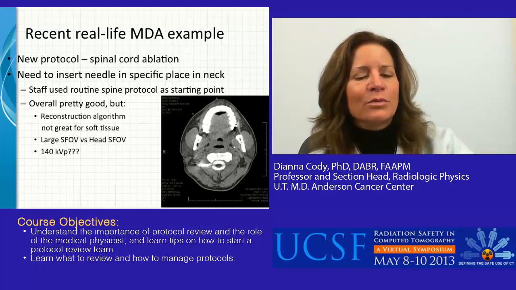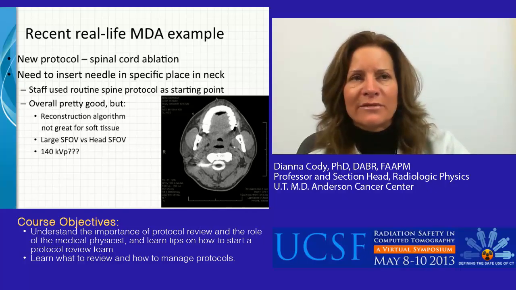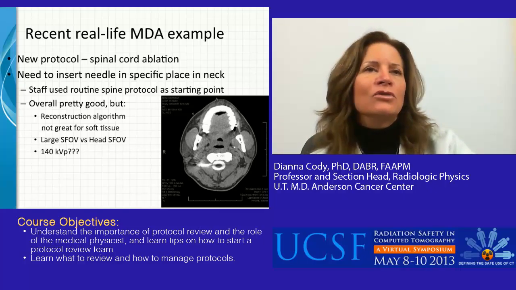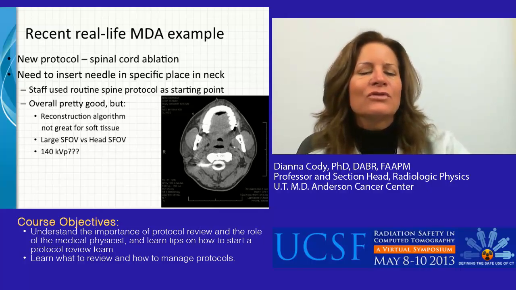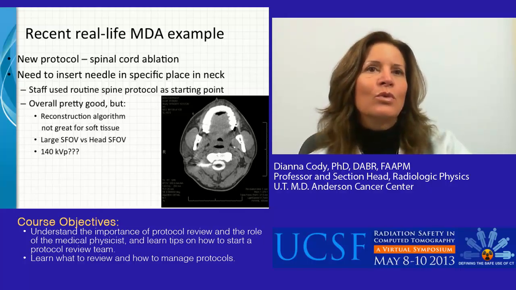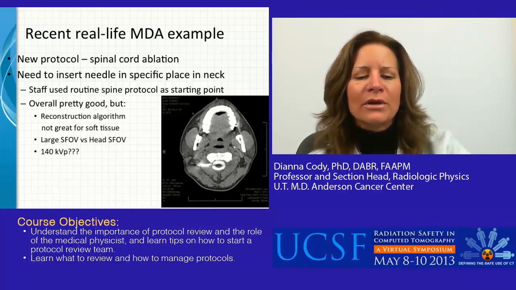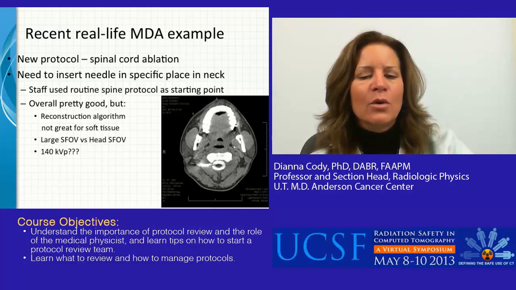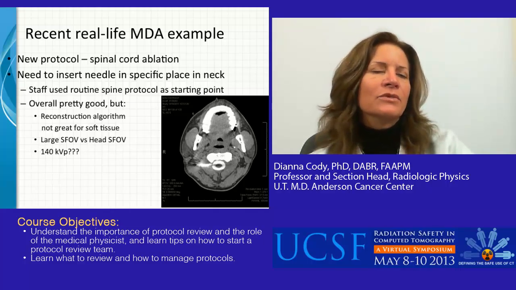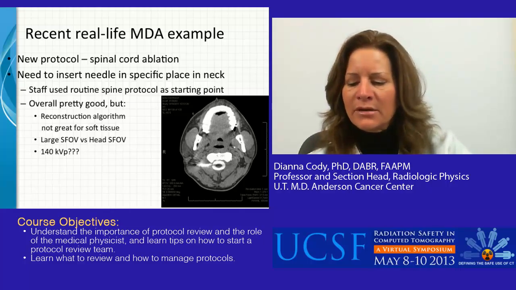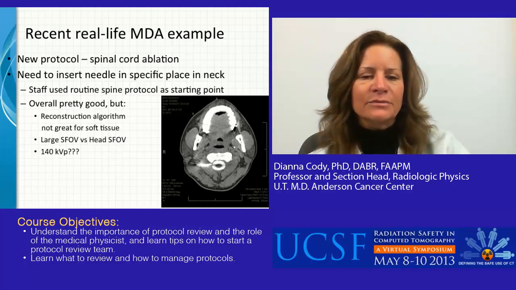Overall they did a pretty good job, but the reconstruction algorithm that was chosen was not really optimal for soft tissue. There was a question about whether the large scan field of view versus the head scan field of view was more appropriate for that particular exam, and whether or not 140 kVp would have been a better choice to eliminate some of the metal artifact from the needles.